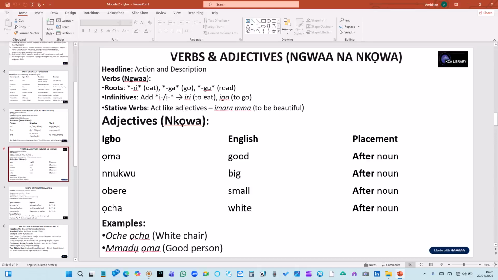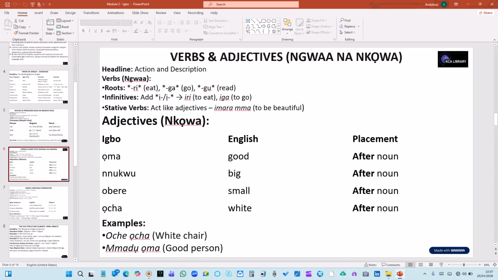Then we have infinitive verbs formed by adding a prefix. Example, iri to eat, ịga to go. Ịga means to go. Iri means to eat. Then we have static verbs which act like adjectives, like ịmara mma, that is to be beautiful.